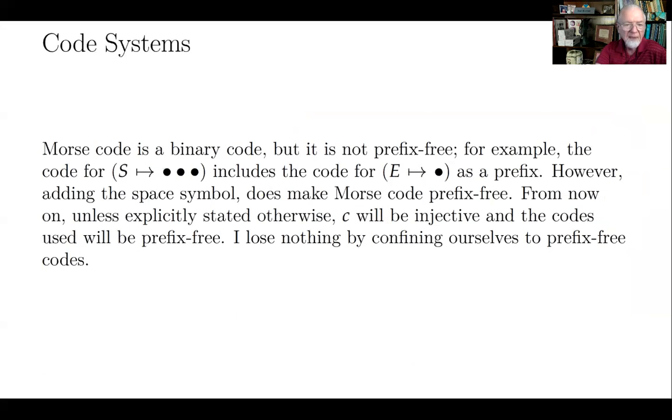Okay. So the Morse code is a binary code, but it's not prefix free, which is why there's always a space symbol, and with the space symbol, using a Morse code is prefix free, but it uses an extra symbol every time.